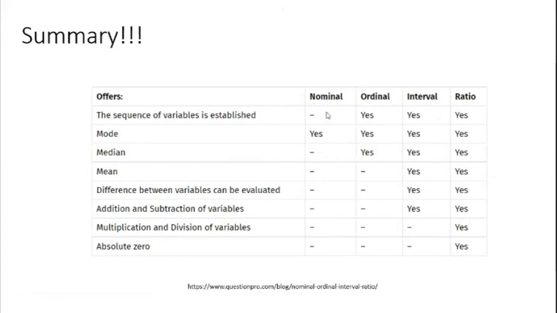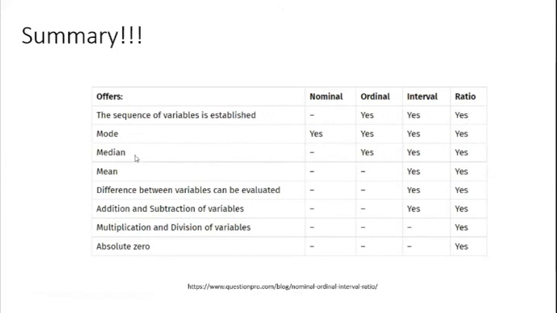So just like here, nominal can only determine the mode. Is there a sequence? Can we arrange the data that we have? No. But yes, for the other three levels of measurement.